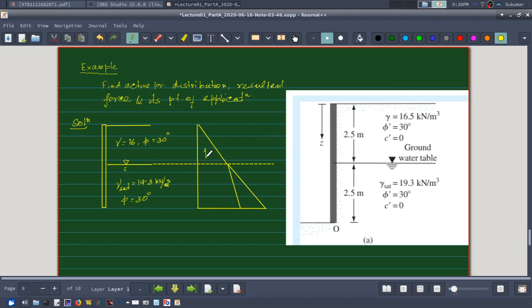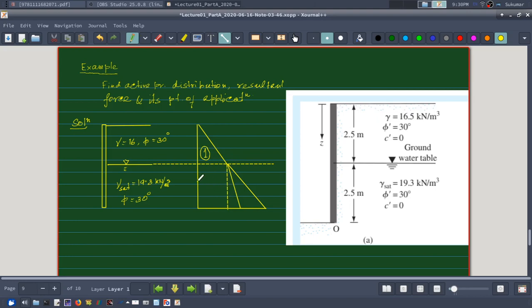Say this is area number 1. Then I can draw one rectangle here because that is acting as a surcharge, so this portion will remain constant.